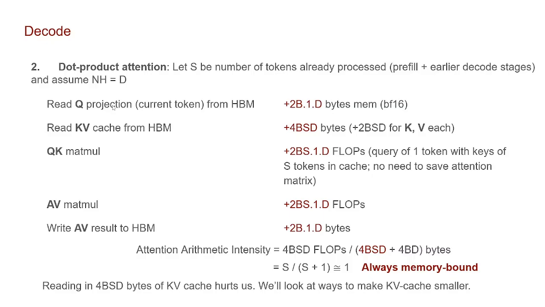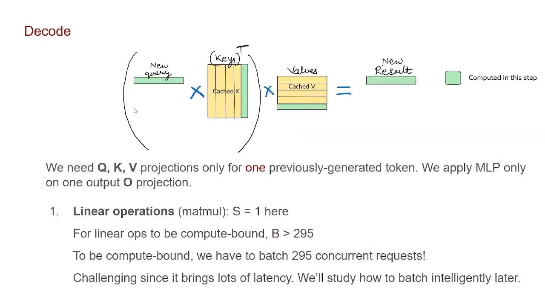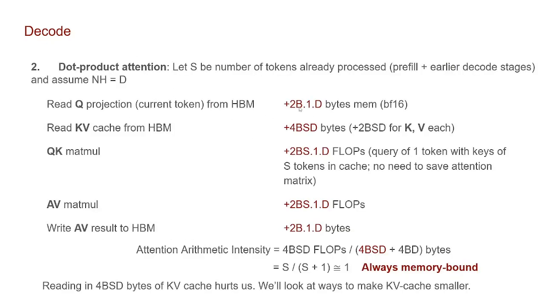So here, what are the other operations which we need to do? We need to read in the query embedding of the last generated token per sample in the batch. So the query tensor is of shape B times S, which is 1, times D, and because it's BF16, it's 2 times that. So we have these many bytes.